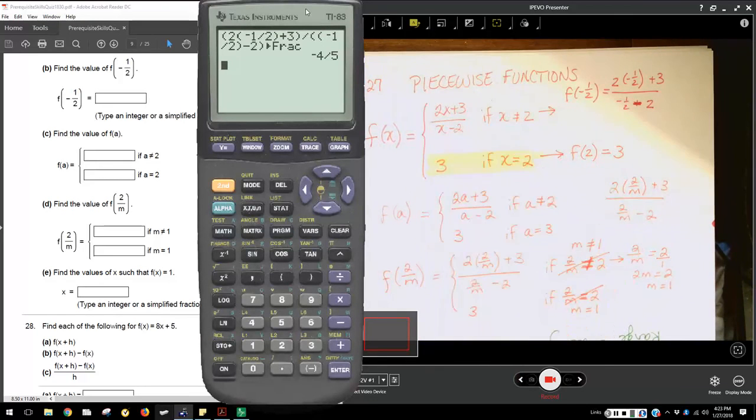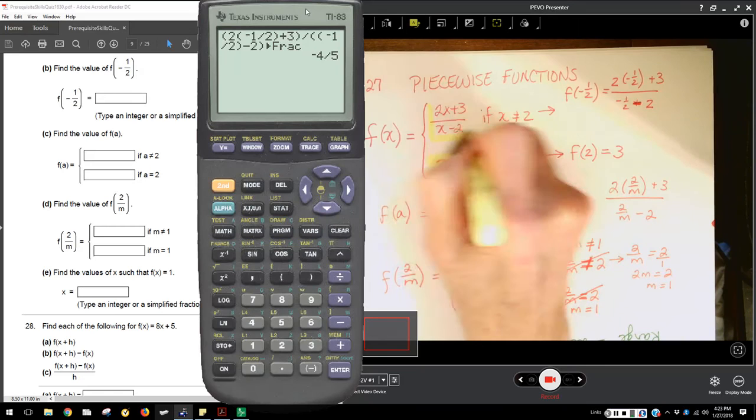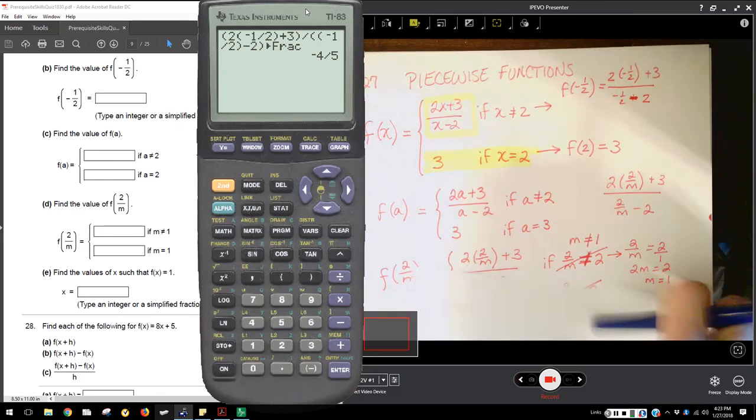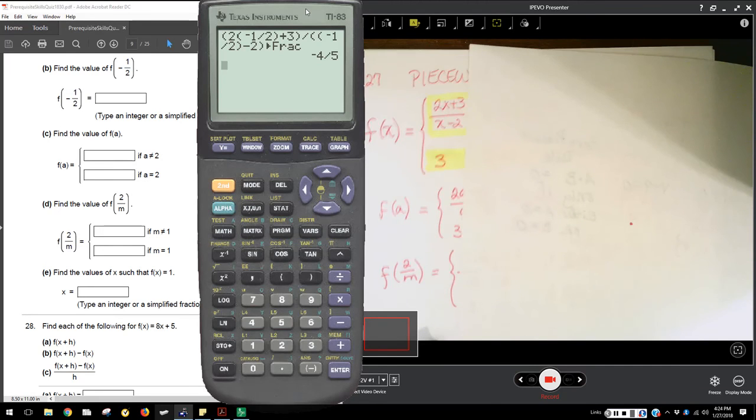So we don't need to worry about that rule. What we have to do is figure out what value of x would cause that part to be equal to 1. Let me grab a little piece of scrap paper over here so we don't confuse the other stuff.